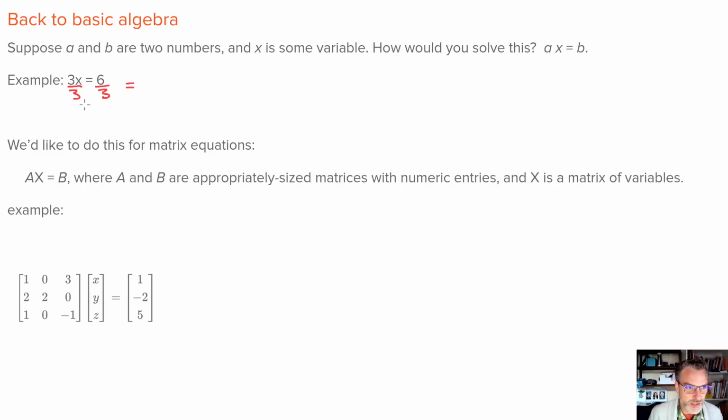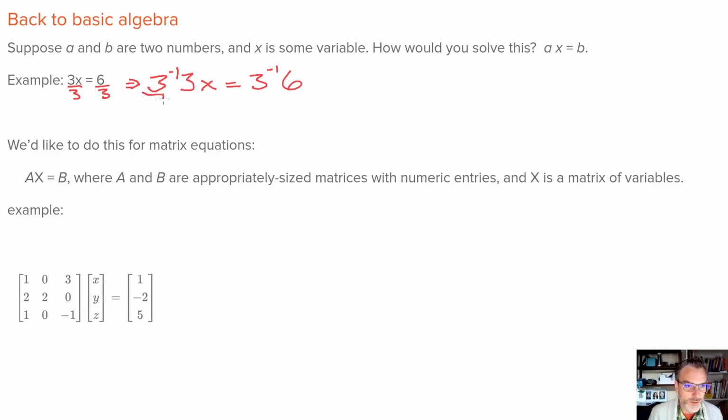But this idea of dividing, we don't have that in matrices. So we have to really consider what we're doing here. Really what it is that we're multiplying 3 by its multiplicative inverse, like this, on both sides. Okay.